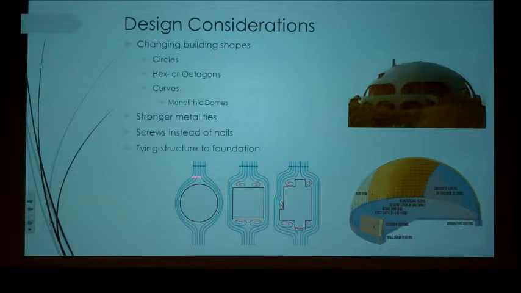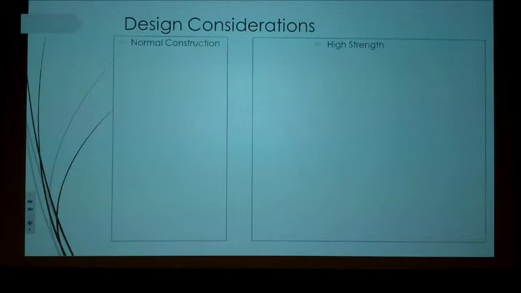If you switch to circle or more of a half spherical building, you're going to be experiencing less wind forces on your building, less failure. Monolithic domes are basically domes that are built sheet by sheet, really similar to what Doran was going over with his analysis. And then also changing out screws and tying your foundation, or tying your structure to the foundation.